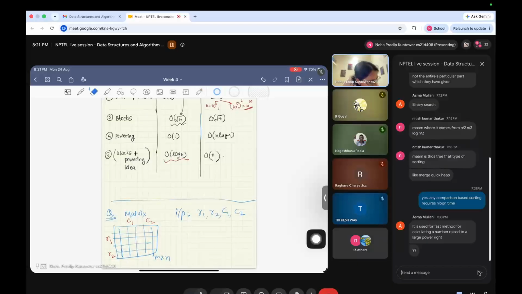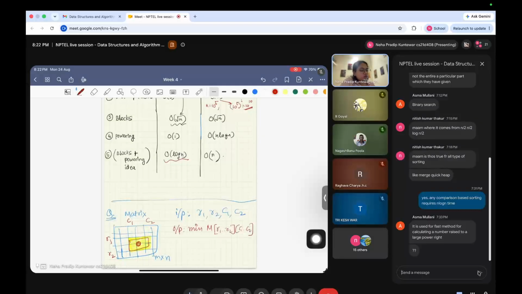Let us say that this is the intersection. This is the submatrix defined by rows r1, r2, and columns c1, c2. And the question is, find the minimum in this entire submatrix. Output the minimum of m with r1, r2, c1, c2.